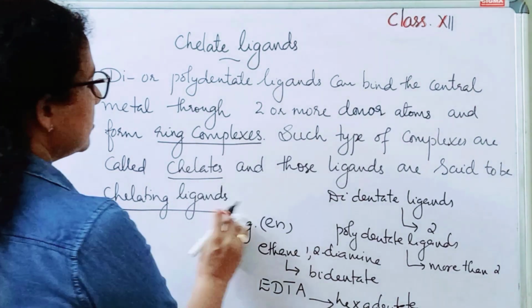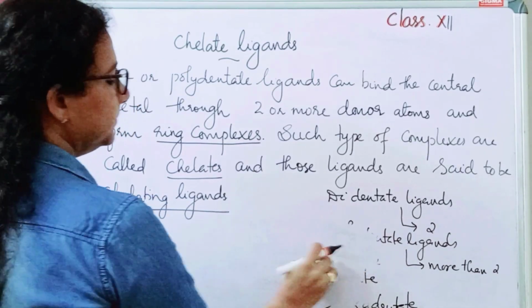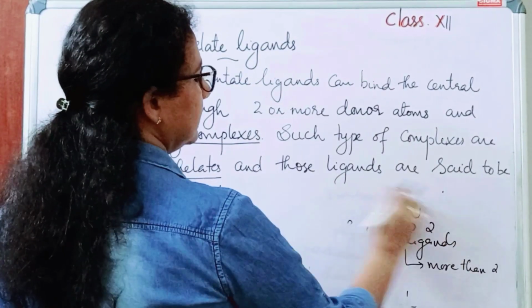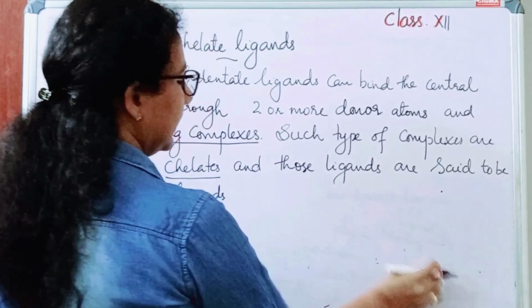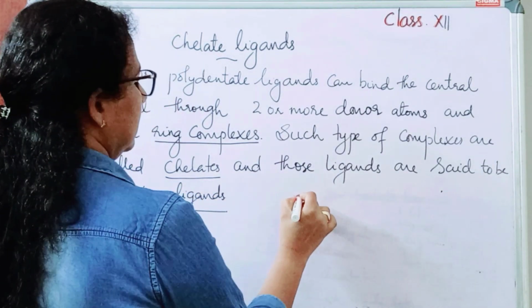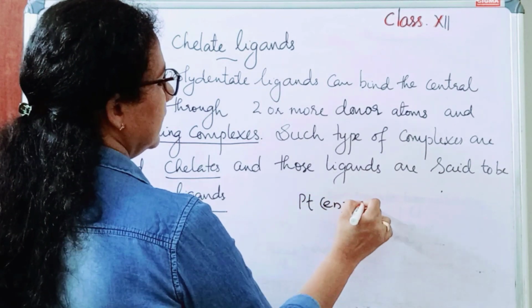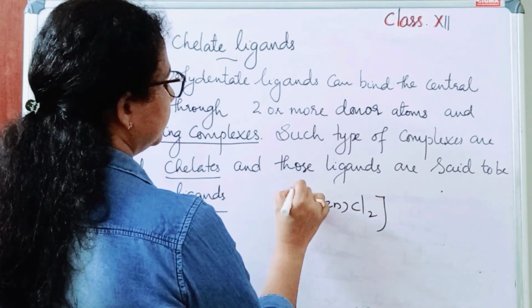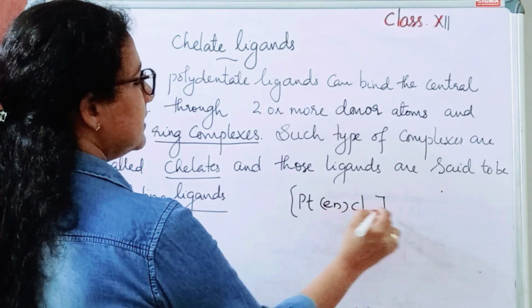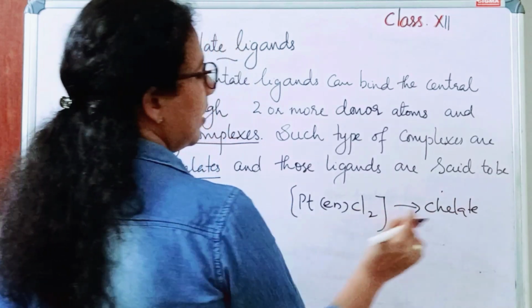I will draw one ring complex with a bidentate ligand, a chelating ligand. If the complex is like this, PtEnCl2, this is actually a chelate. Why is it called a chelate complex?